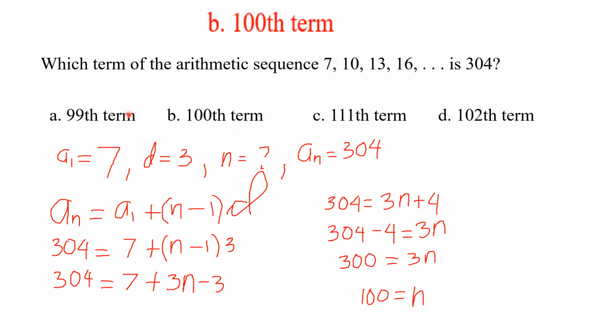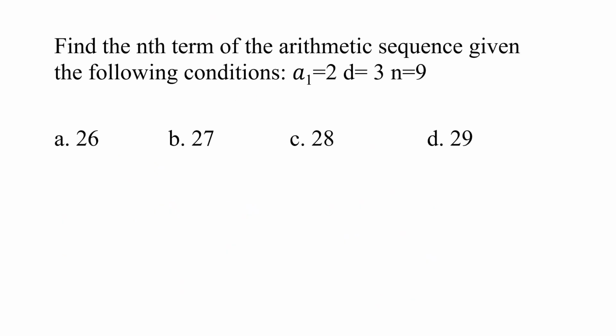Okay, so we have here letter B as the answer. For this slide, the problem states: find the nth term of the arithmetic sequence given the following condition. The first term is 2, the common difference is 3, and the value of n is 9.